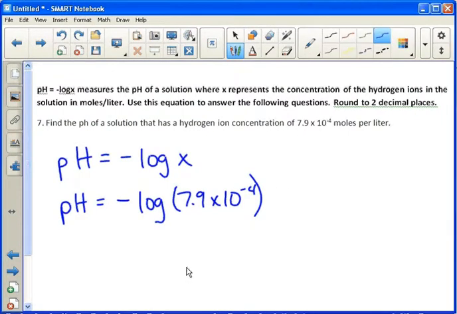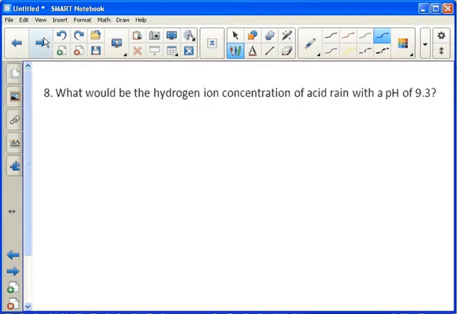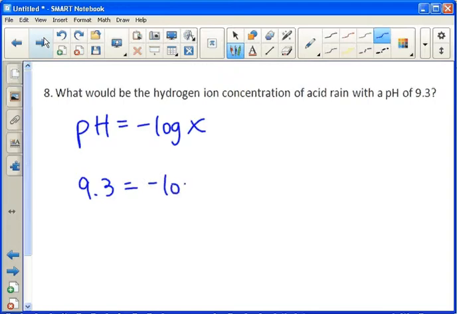Number 8, what would be the hydrogen ion concentration of acid rain with a pH of 9.3? So again, the equation is pH equals negative log of x, and if we have a 9.3 pH, we multiply both sides by negative 1. And then remember, when there's no base written, it's understood to be 10.